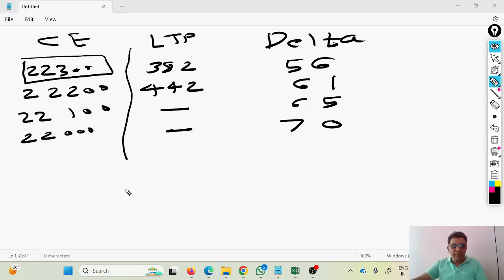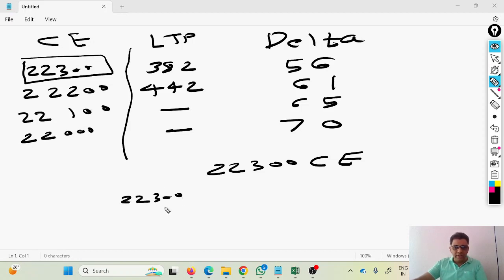So what will happen, I'm talking only about this 22,300 CE. When the market is at 22,300, then 22,400, then 500, and lastly 600.